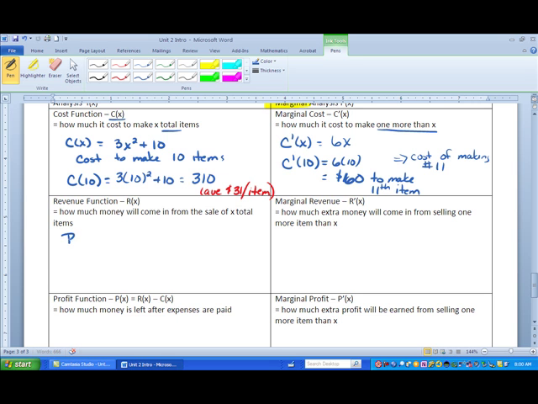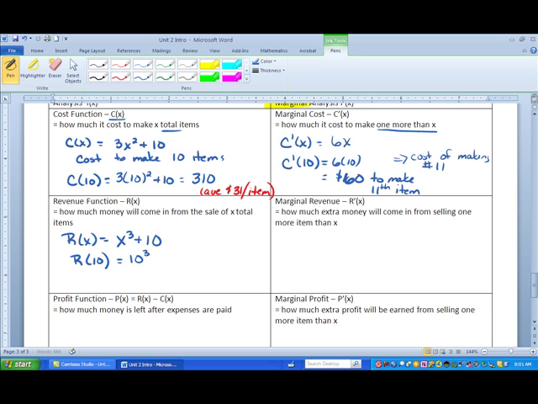So if we have something like R of X, which is our revenue based on selling X items, and this is for the total number of items. So it's not telling us how much we're selling each item for, but it is telling us how much we'll bring in. What if we sold 10 items?